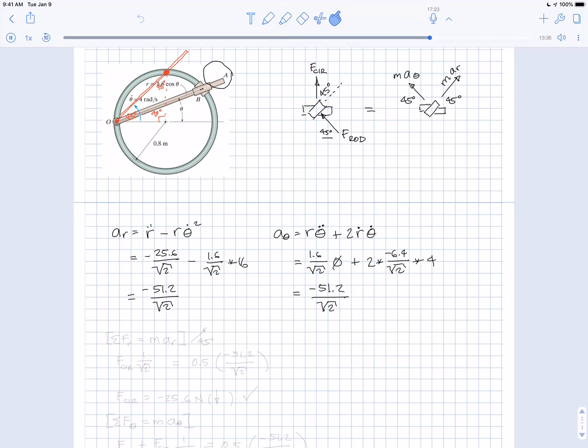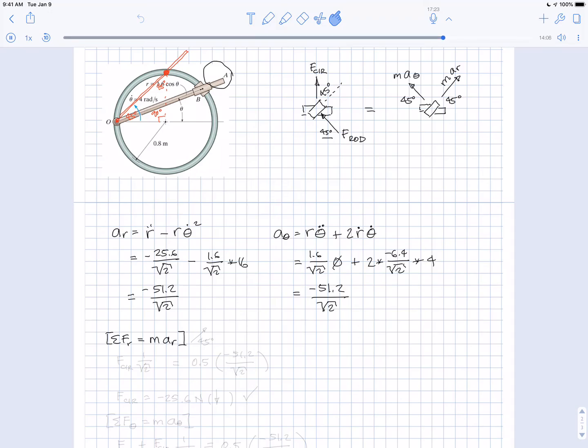Okay, so here we go. If you look at the forces, the rod is in the theta direction, and the circle has a component in the theta and the r direction. So the circle force is the only one that has a component in the r direction. That tells me it would be easier to do the r direction first because there will be only one unknown.